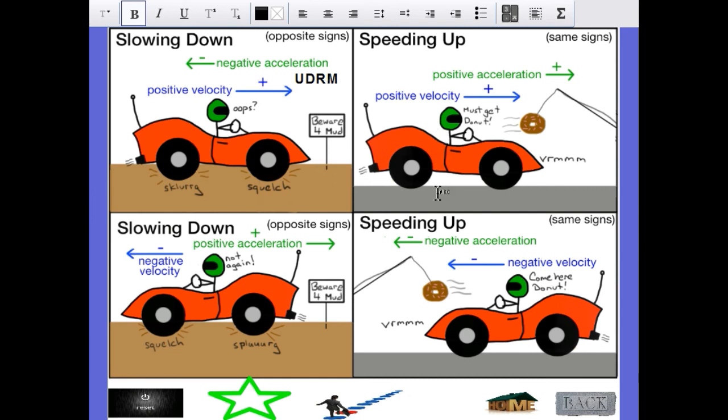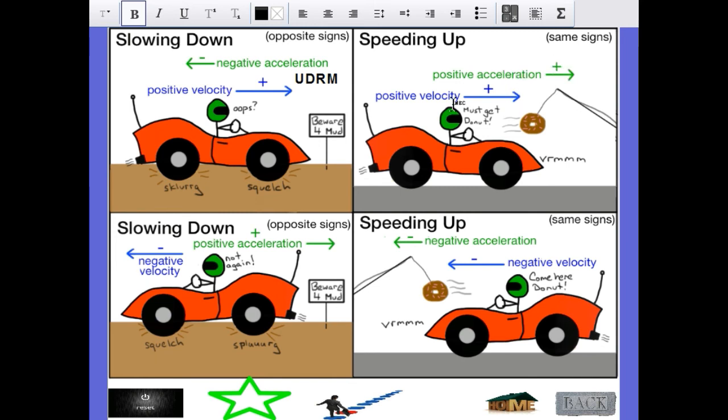Now he reaches the ground, okay, and is speeding up, and the velocity is increasing. The velocity is increasing in the positive sense, still moving forward in the positive sense. So the acceleration is positive.